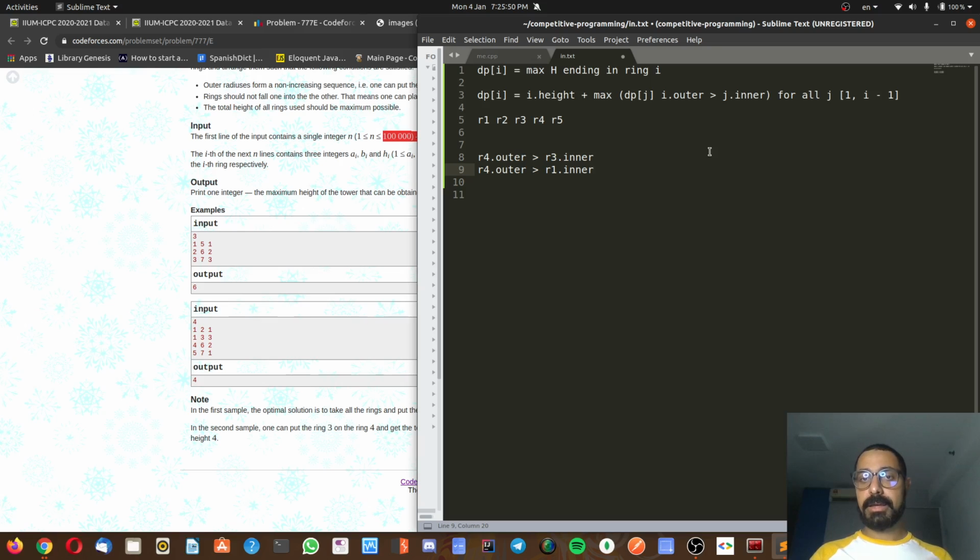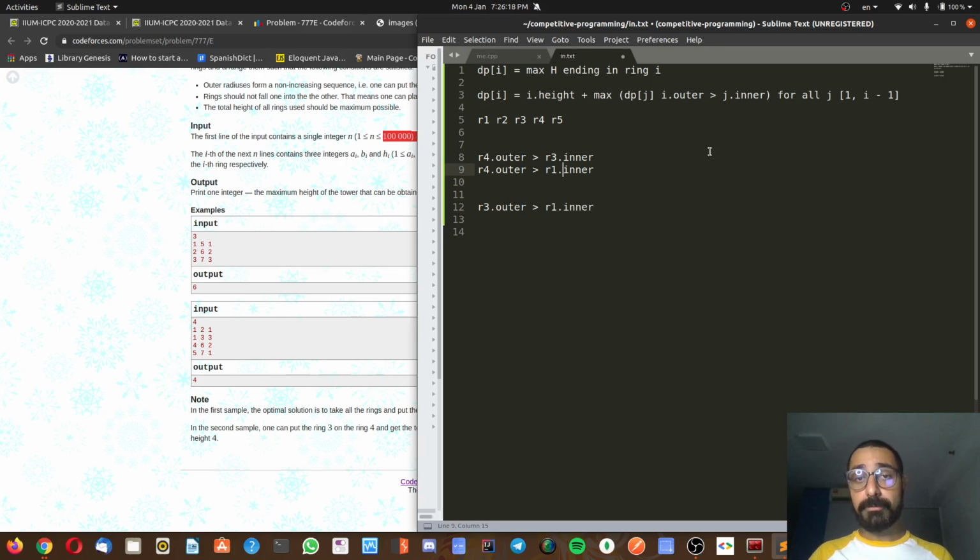If R4 can be placed on top of 3 and 1, I'm assuming that R3 can be placed on top of R1. So the condition for this to be true is R3 outer should be greater than R1 inner.